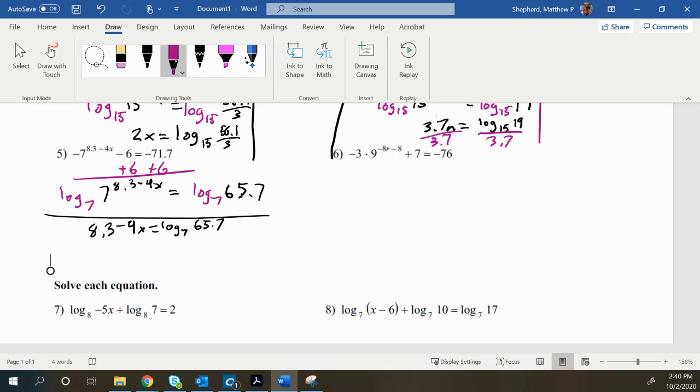Let's try and get x alone now, so let's minus the 8.3 from both sides. So now negative 4x is equal to log base 7, 65.7 minus 8.3.